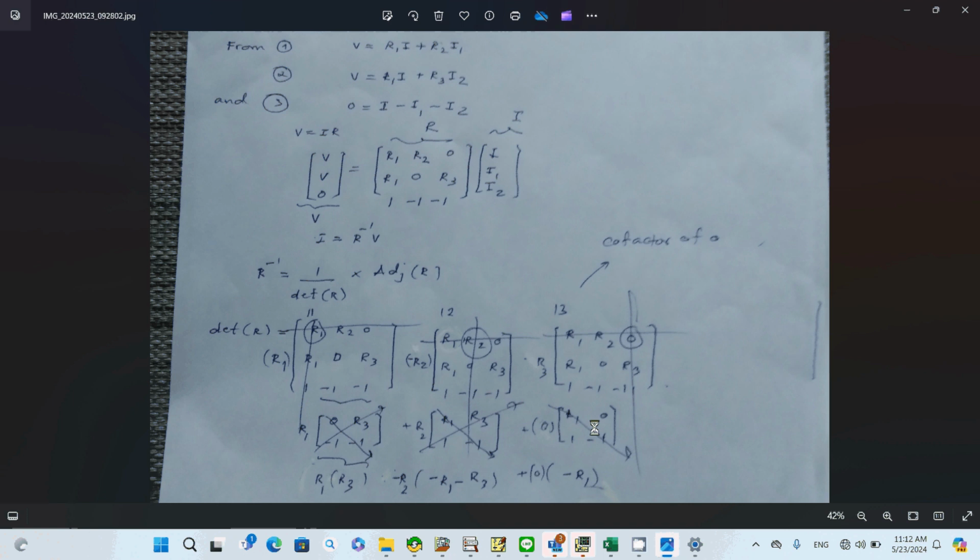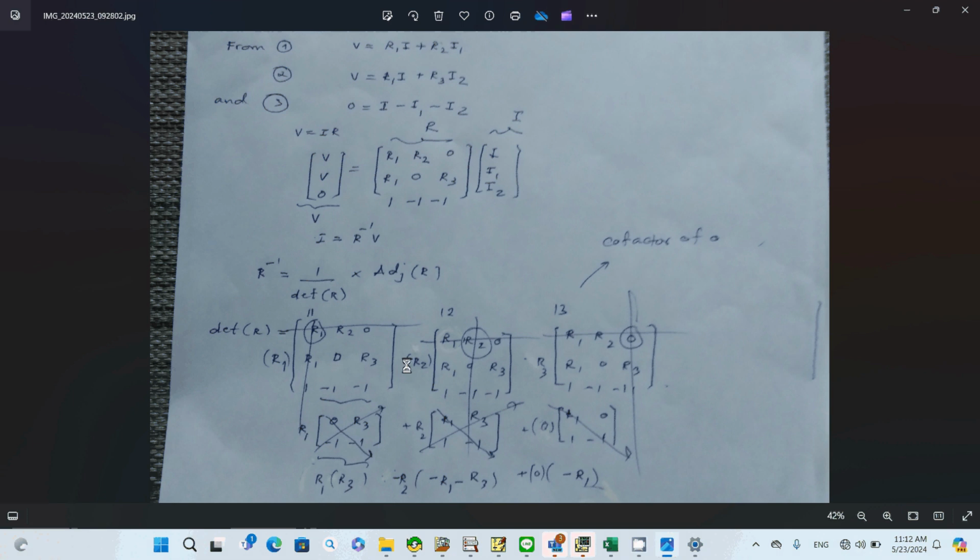That's the cofactor of 0. Same as the cofactor of R1, you end up with what? R2, you have 0, R3, negative 1, negative 1, and multiply by R1.